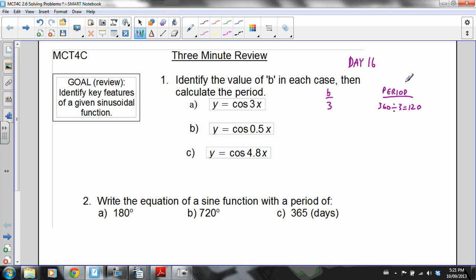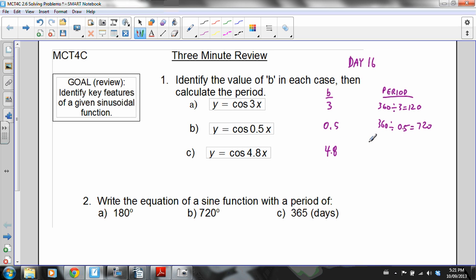And then, of course, when we graphed it, this graph would repeat every 120 degrees along the x-axis. So here the b value is 0.5, so I've got 360 divided by that, and I get 720.